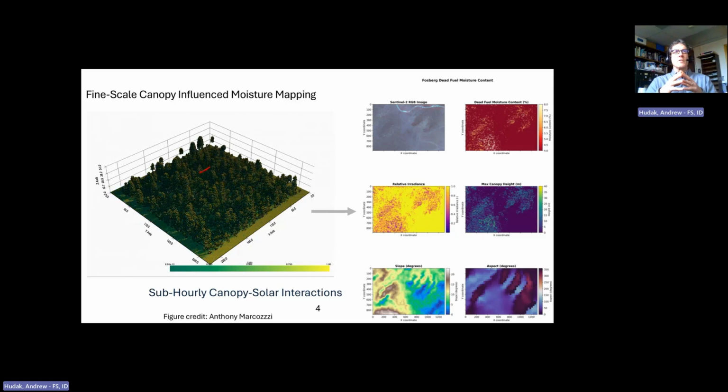At a larger scale, there's other variables that matter, such as the topographic condition and the spectral variability, which depends on species composition, elevation, slope, aspect, and these kinds of things. These all have a role in fuel moisture dynamics. And fuel moisture is so important because that is a big determinant of whether or not you can do a prescribed fire.